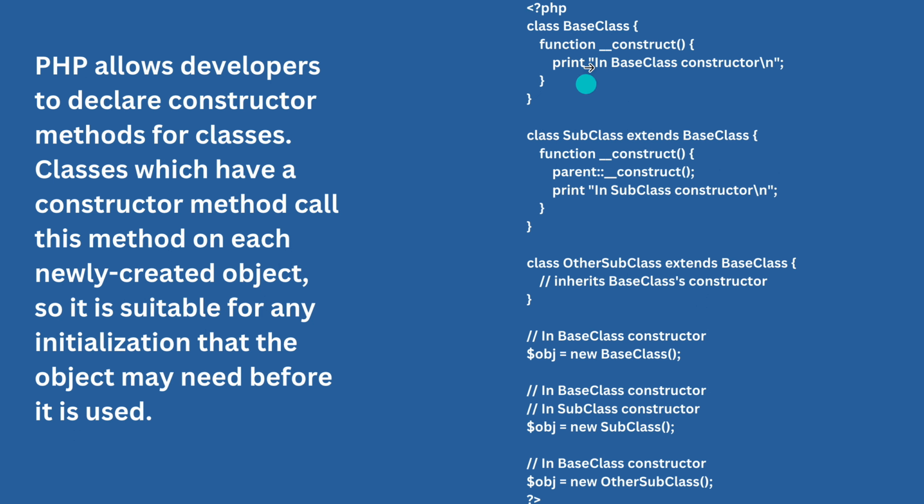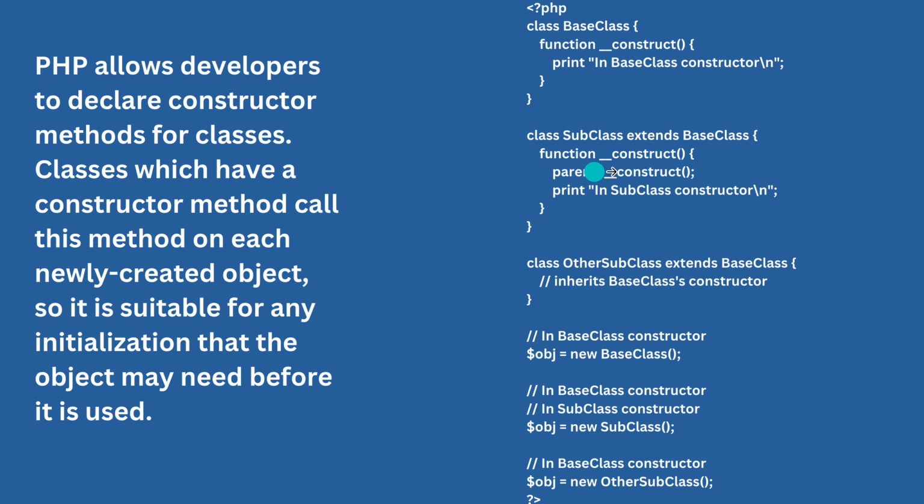You see, this is the base class, and there is only one constructor, which prints base class constructor. Here I've written class SubClass extends BaseClass. The meaning of extends is that I'm inheriting this class into this one. We'll see this later. Again, I'm creating a constructor for the class SubClass.